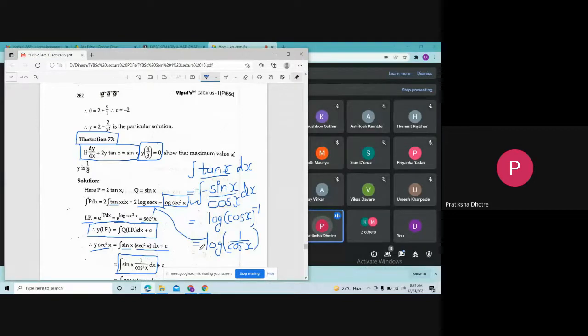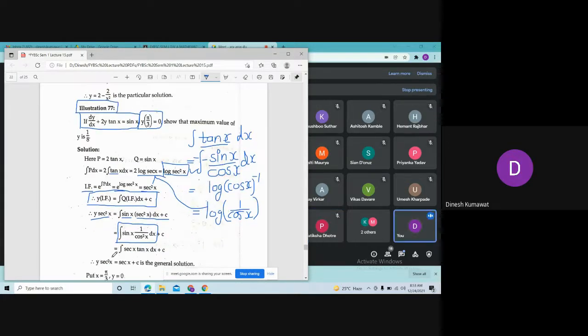So the integration becomes integration of sec x into tan x. So what is the integration of sec x into tan x? Sir, sec x. Okay, so this is one way, which is given in the book.